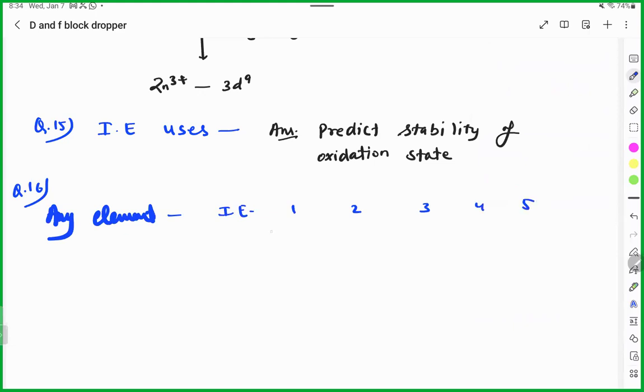And here the values of ionization enthalpy given are like 2500, here 3200, here 6700, here 36,712, and then it will be 40,100, 860. What does it mean?